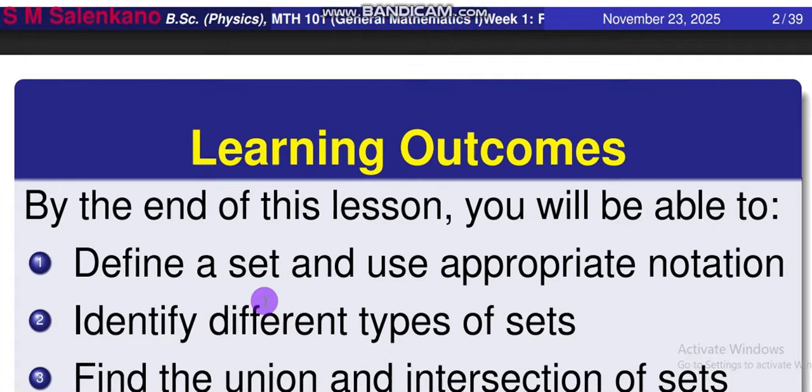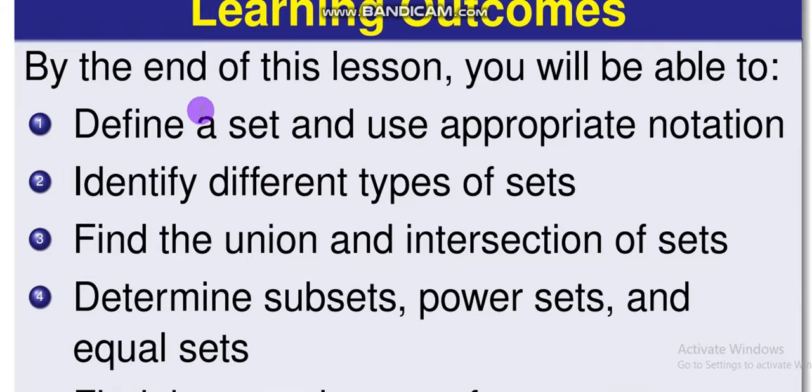Here are our learning outcomes, what you should be able to do at the end of this lesson. By the end of this lesson, you should be able to, number one, define a set and use appropriate notation. Secondly, identify different types of set. Third, find the union and intersection of set.